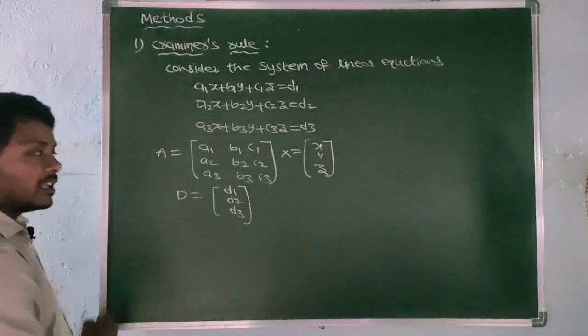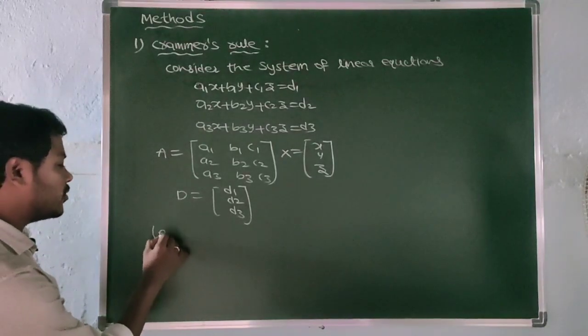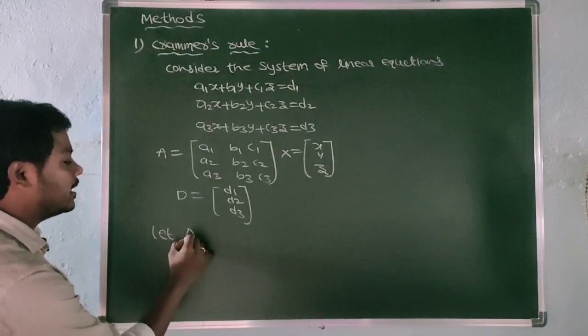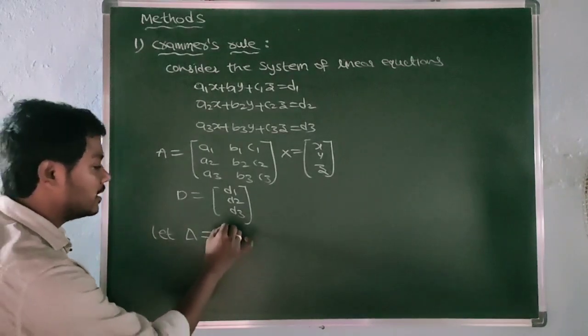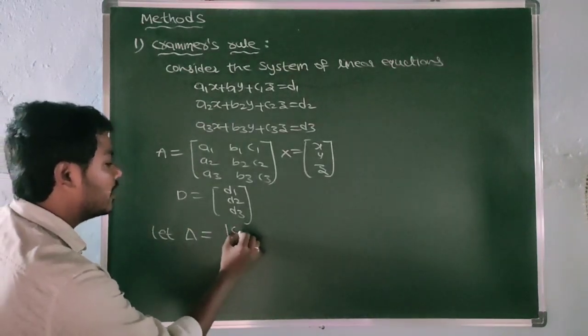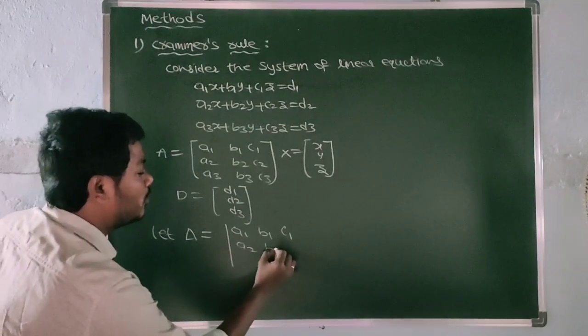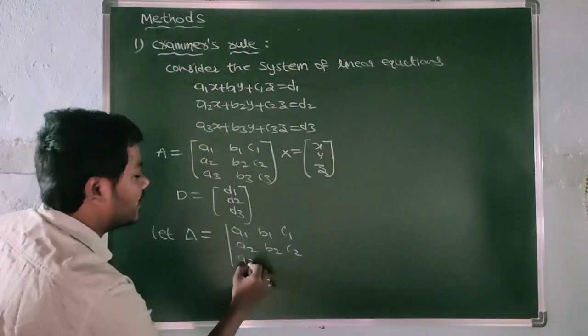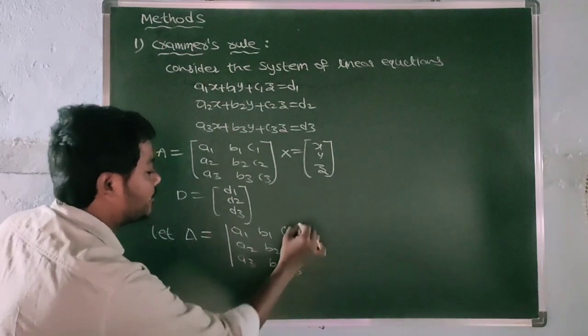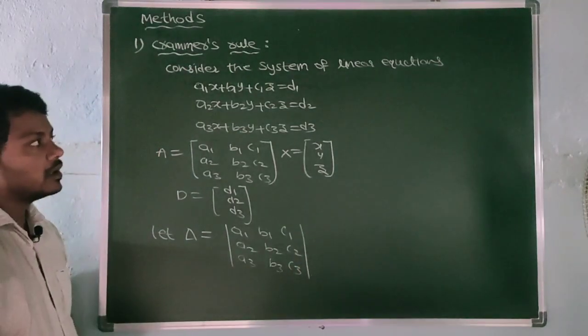Here in this method, first we have to assume, let delta be the determinant of a1, b1, c1, a2, b2, c2, a3, b3, c3. Okay.